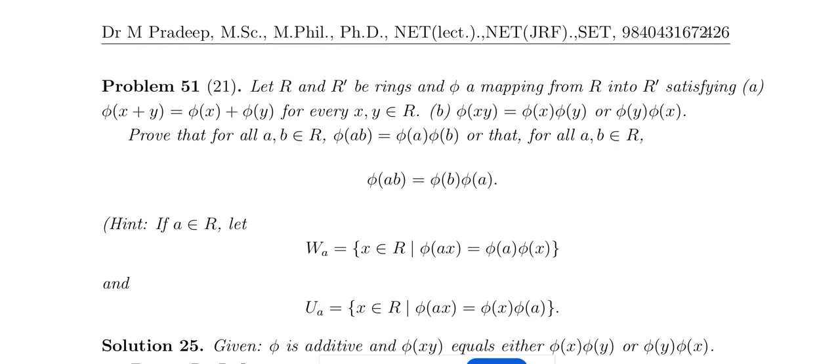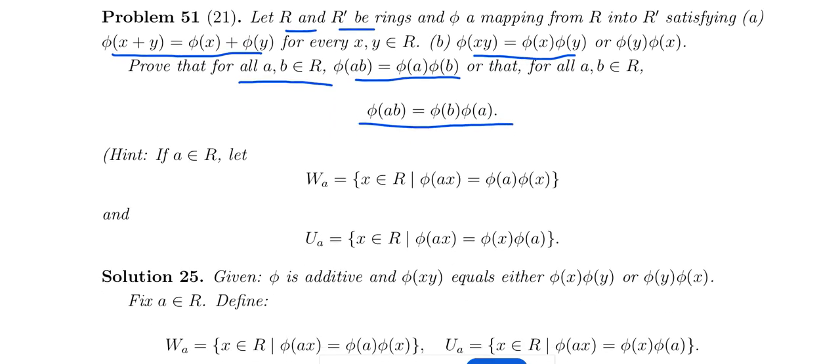Let R and R dash be rings and pi a mapping from R into R dash satisfying pi of x plus y equals pi of x plus pi of y for every x, y belonging to R, and pi of xy equals pi of x times pi of y, or pi of y times pi of x. So R and R dash are rings and pi is a mapping from R into R dash satisfying the two conditions. Then for all a, b belonging to R, pi of ab equals pi of a times pi of b, or for all a, b belonging to R, pi of ab equals pi of b times pi of a.